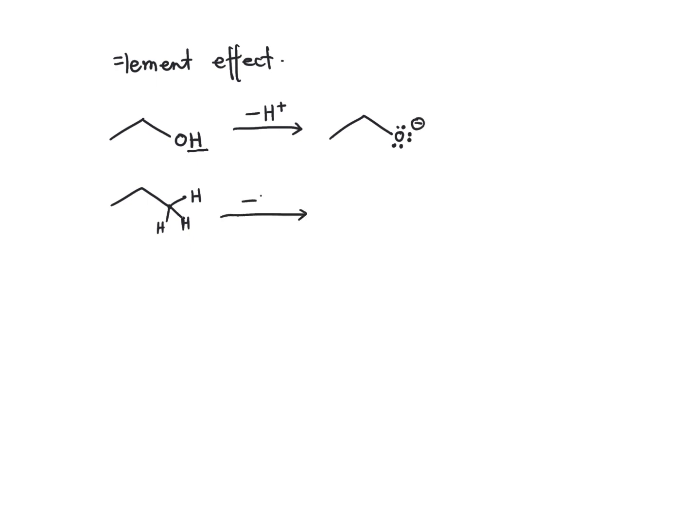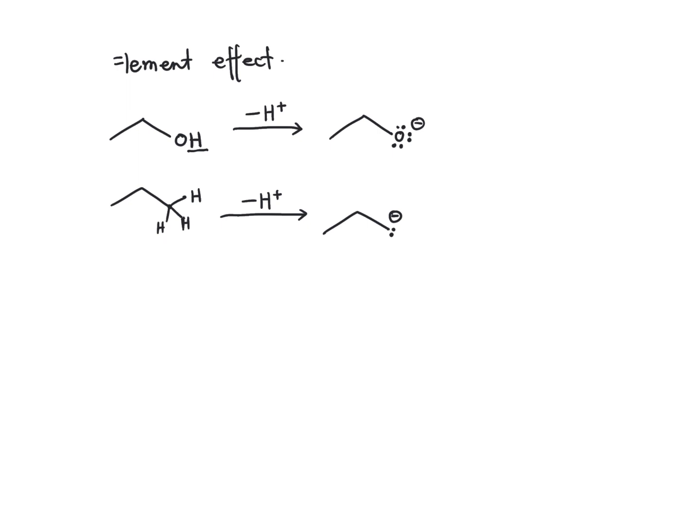Compared to the second case, when the hydrogen is on the carbon, if you lose one of the protons, what you will have here is this carbon now carrying that lone pair with a negative charge. So in this case, both conjugate bases end up with one negative charge with that lone pair. So which lone pair will be more stabilized? That means that base will be more stable, and then the parent acid will be more acidic.